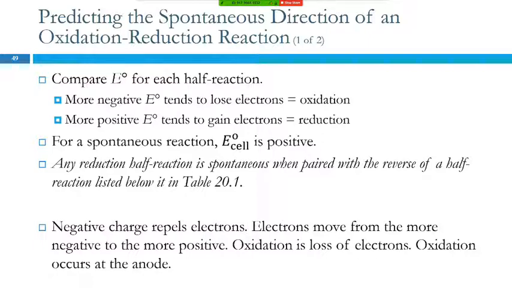So we can look at it that way. And that kind of goes along with this. Negative charge repels electrons because they're negatively charged. So electrons are going to move from the more negative to the more positive electrode. Oxidation is loss of electrons. Oxidation occurs at the anode.